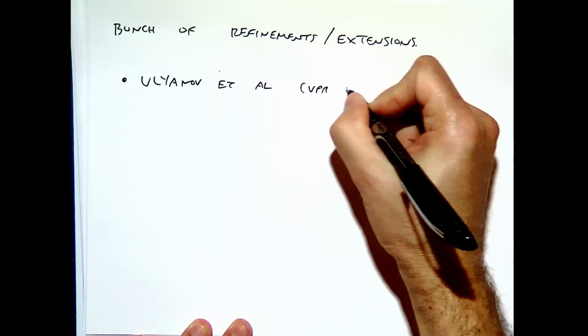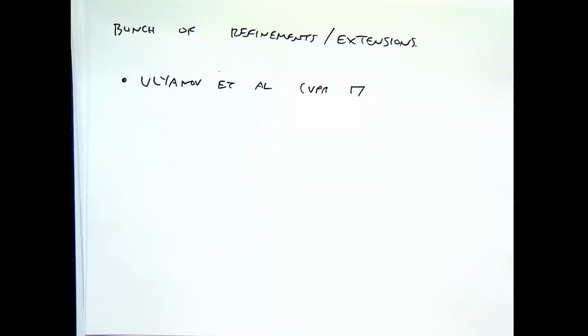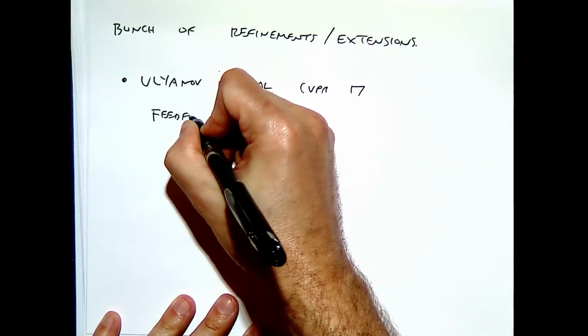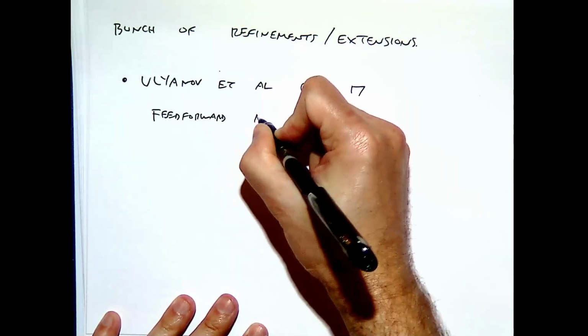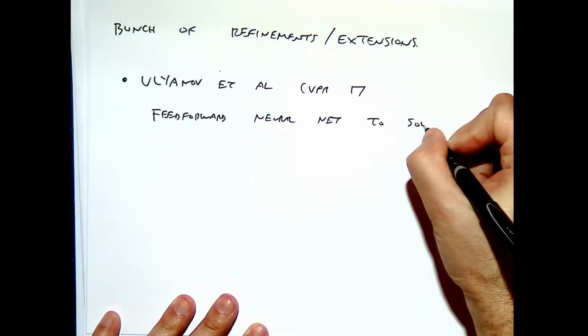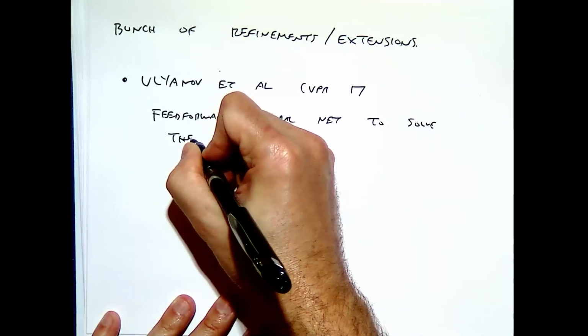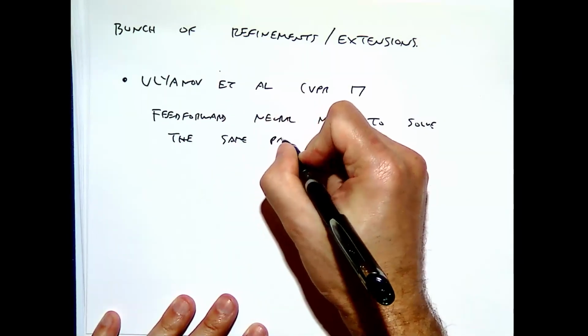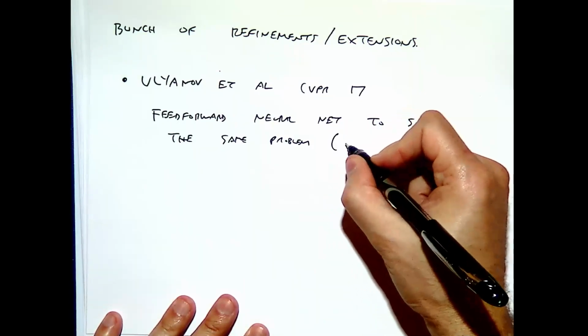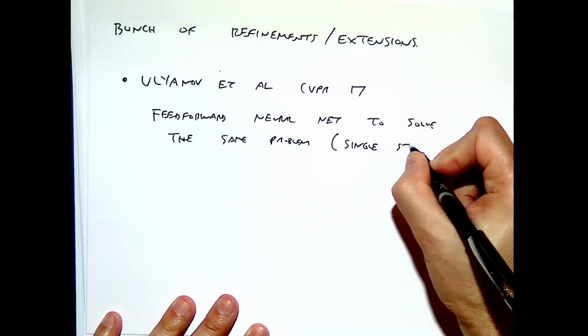In CVPR 2017, so kind of like the next year, instead of doing this optimization, they developed a feed-forward neural network to solve the same problem, right? Which was kind of limited by the fact that this was a single style only, right?